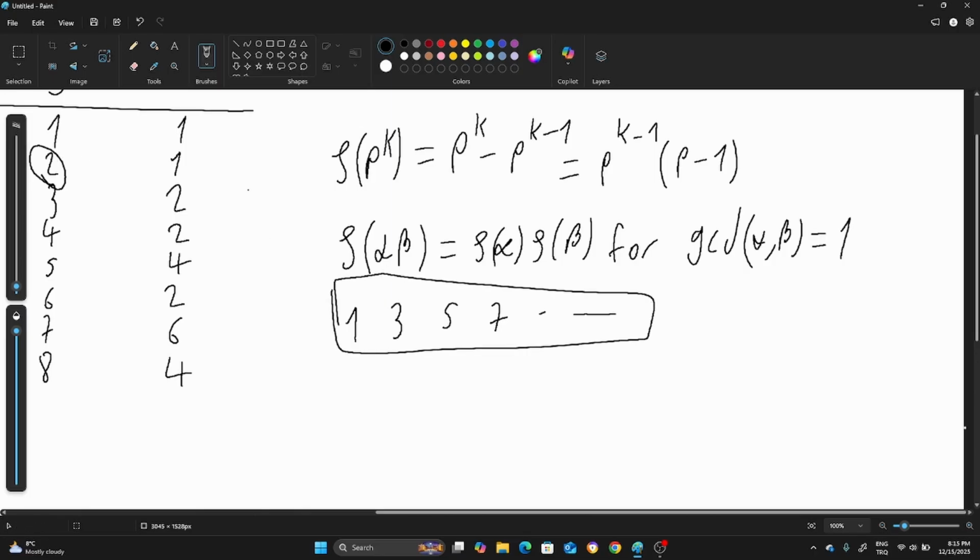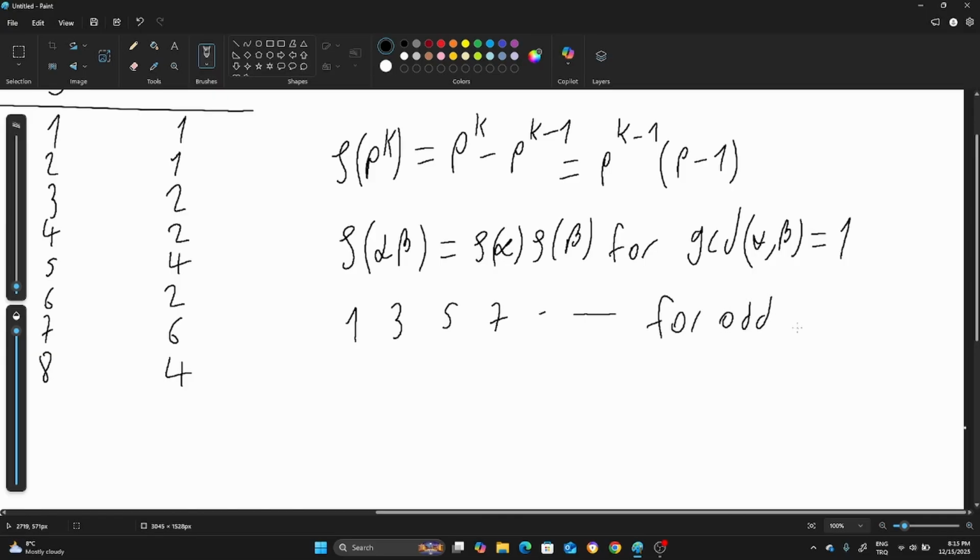So for an odd alpha, we can say totient of alpha equals 1 times totient of alpha.